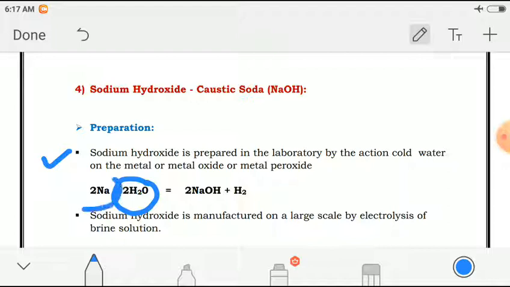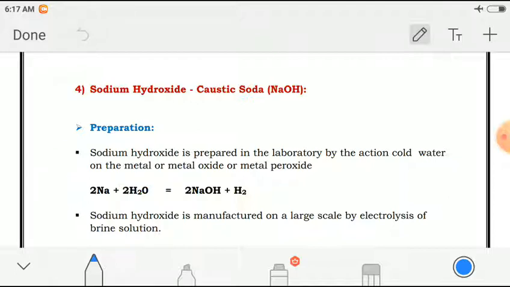This is sodium metal, 2Na. When they react with each other, it gives 2NaOH, that is sodium hydroxide, with liberation of H2, hydrogen gas. So this is the simple preparation reaction of sodium hydroxide.